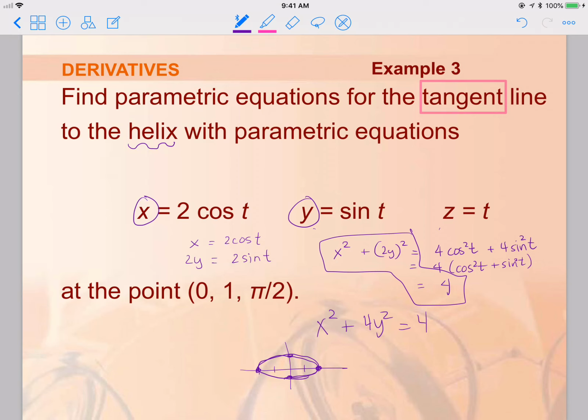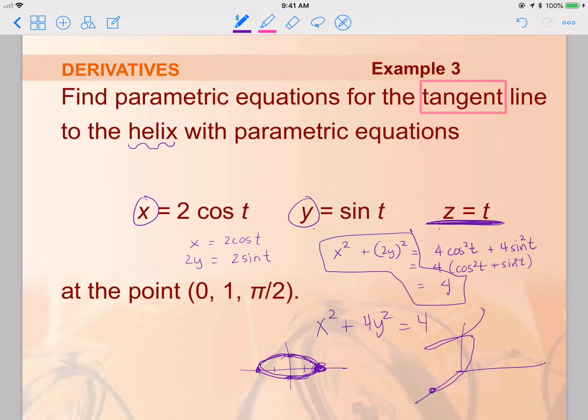So now we know that the x and y are following this pattern. And the last thing that's changing is z. So we're having height. If we consider this point here, which would be 2 units up, and then you're coming here.